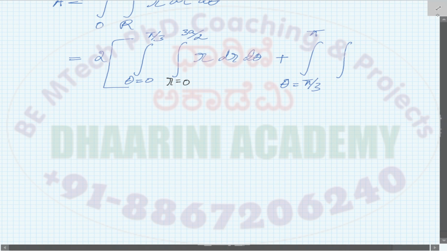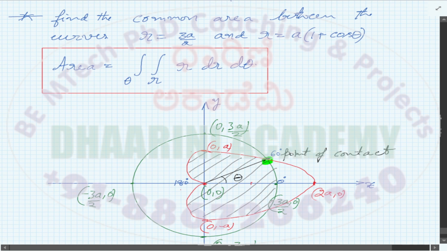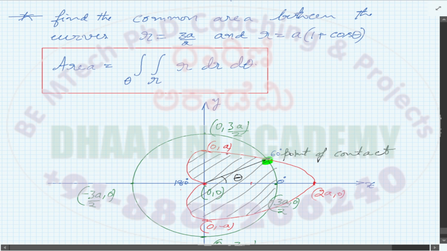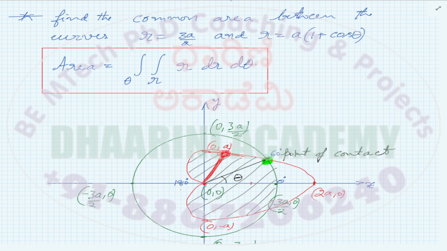I'll go back and show you the diagram. Now you see, for any angle you consider which is more than 60 degrees, say this line, what is the minimum? Minimum will be 0, but the maximum is on this red colored curve. The equation of the red colored curve is R equal to a into 1 plus cos theta.